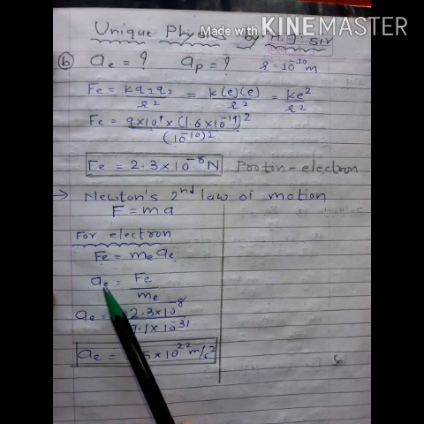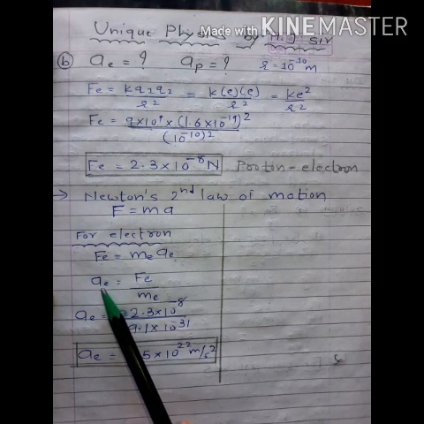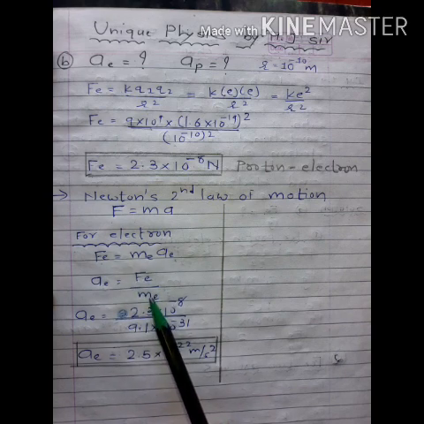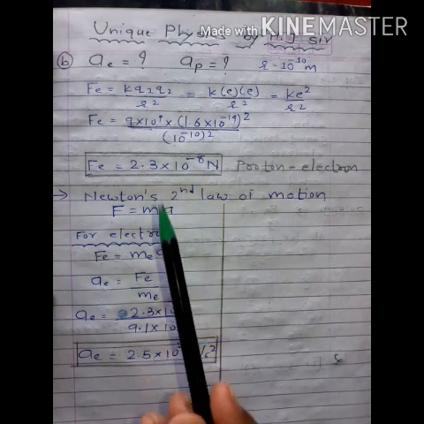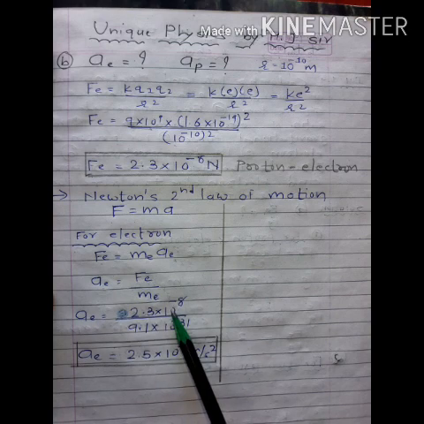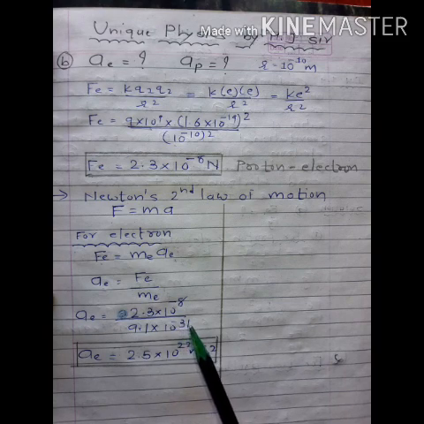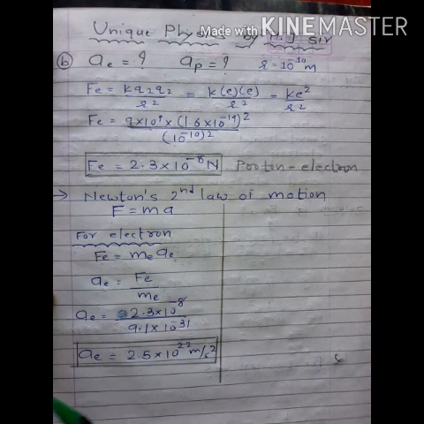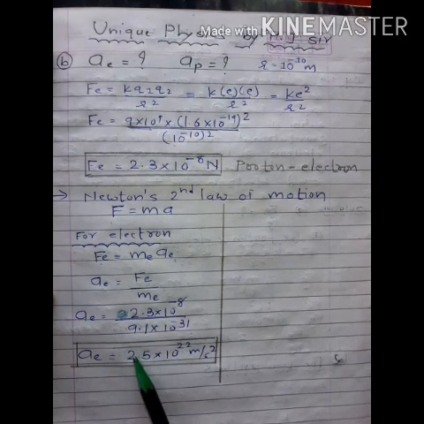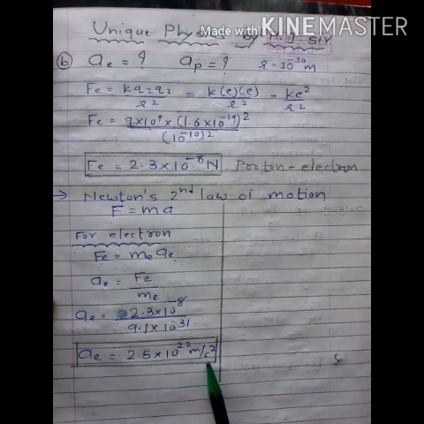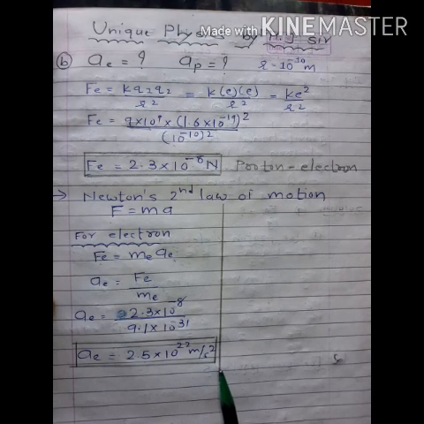We want the acceleration of the electron, Ae, so make the equation for Ae. Ae is equal to Fe upon me. Fe is 2.3 into 10 raised to minus 8 Newton, and the mass of the electron is 9.1 into 10 raised to minus 31 kilogram. Find the solution. So the acceleration of the electron is 2.5 into 10 raised to 22 meter per second square.